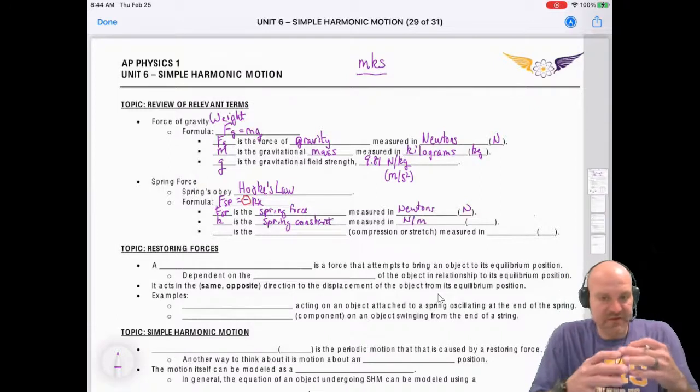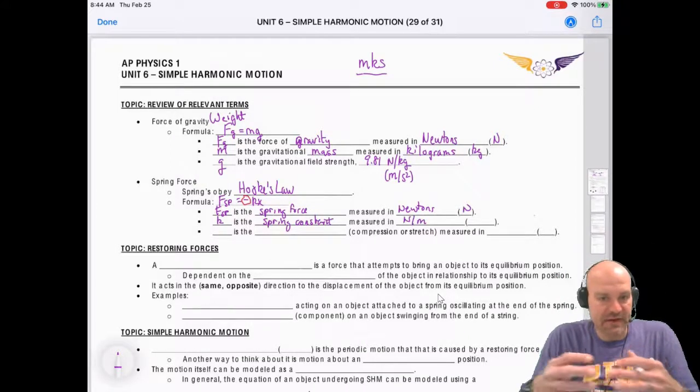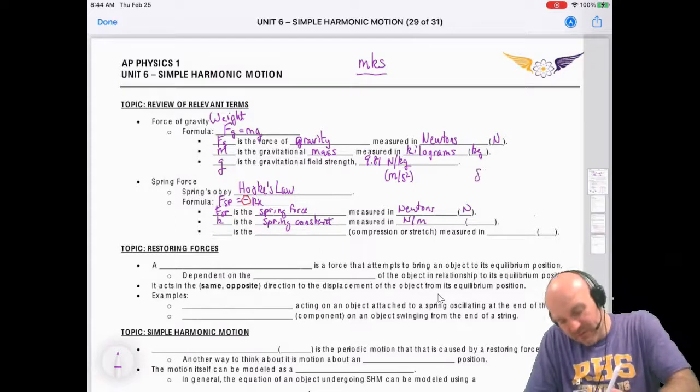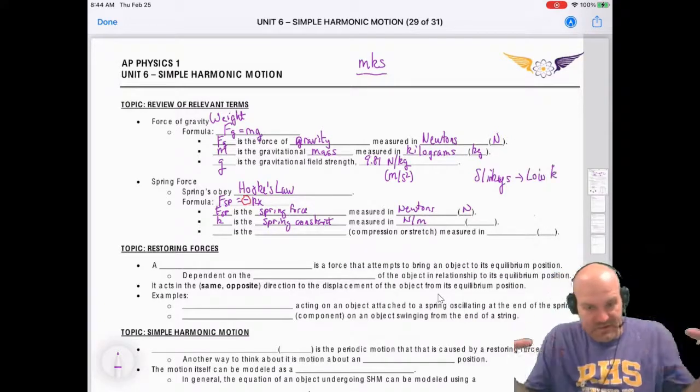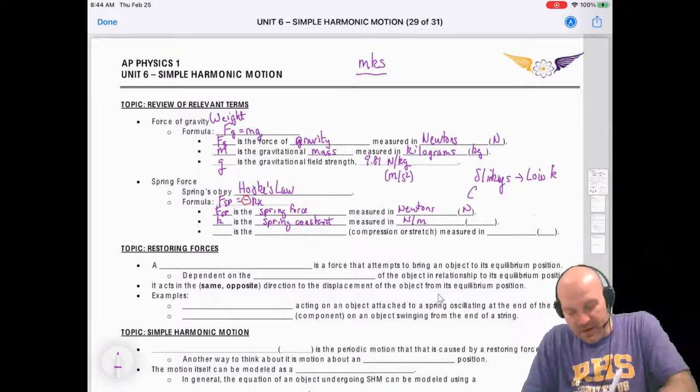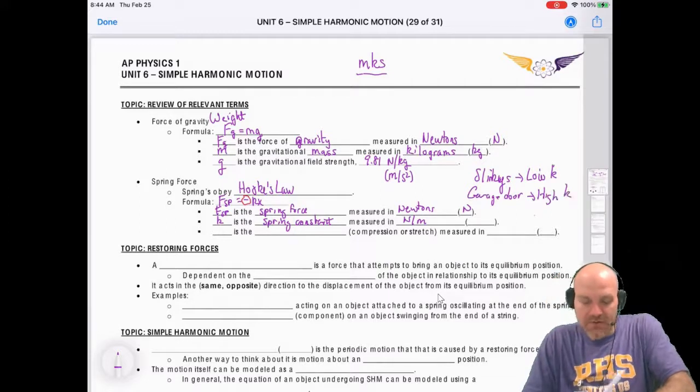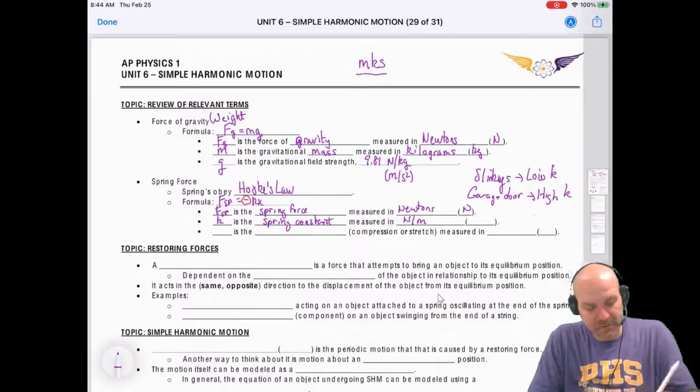Basically it just tells you how much force you have to apply to get it to stretch 1 meter. Slinkies, everyone loves a slinky, that's the way the song goes, right? A slinky has a low k value because it's very easy to stretch it. And then garage door springs, right? They have a high k value because it's very hard to stretch it or even compress it.